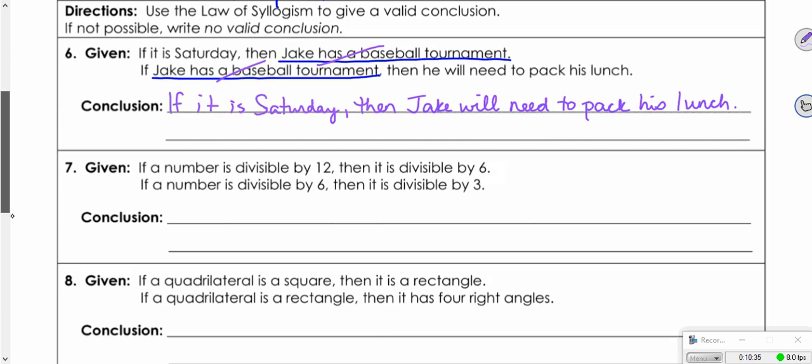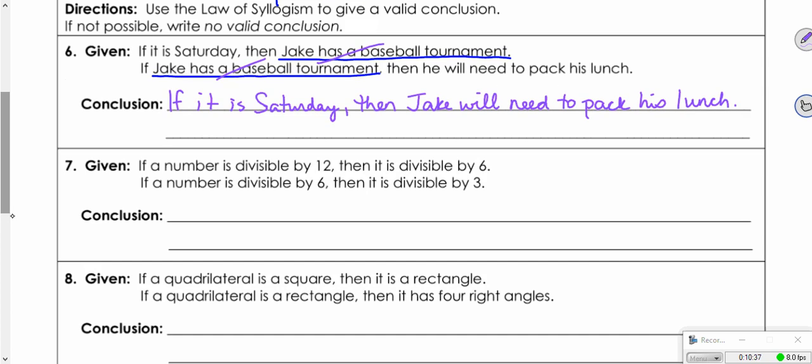The next one, if a number is divisible by 12, then it is divisible by 6. If a number is divisible by 6, then it is divisible by 3. So what conclusion can we make? If a number is divisible by 12, then it is divisible by 3. Again, that it is divisible by 6, those kind of cancel each other out, if you will.